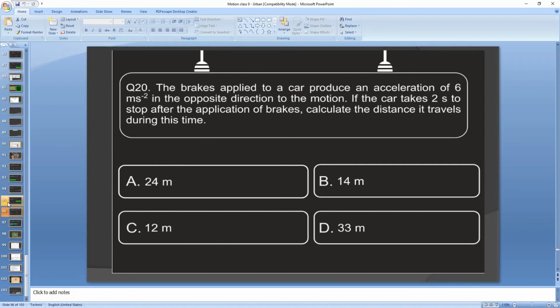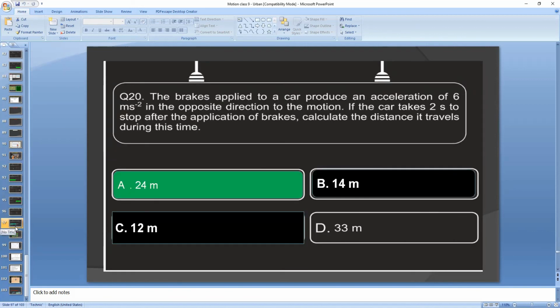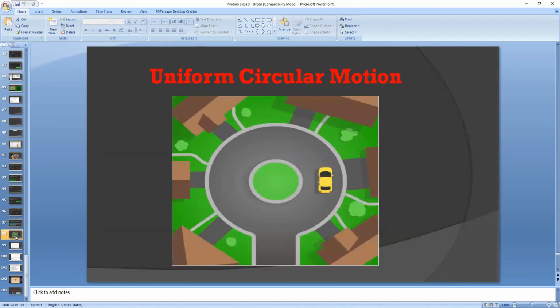If the car takes 2 seconds to stop after the application of brakes, calculate the distance it traveled during that time. Option A, 24 meters. Option B, 14 meters. Option C, 12 meters. Option D, 33 meters. Answer is option A.